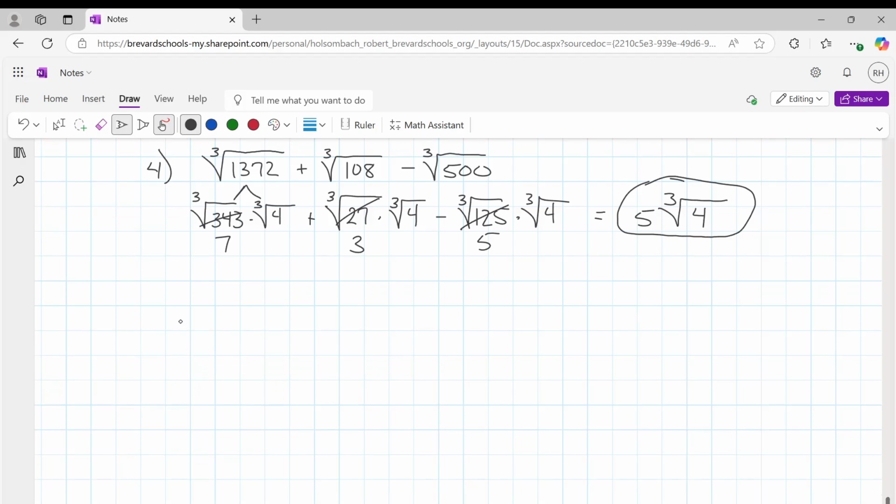All right, problem number 5, or 5 through 8, these are going to be multiplication problems. In problem number 5, we got 7 minus radical 2 times 8 plus radical 2.